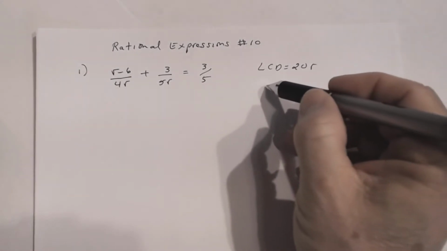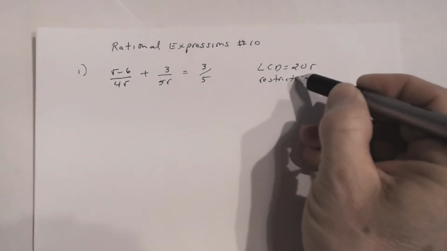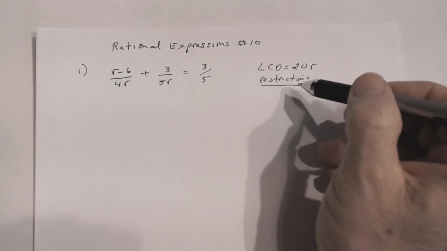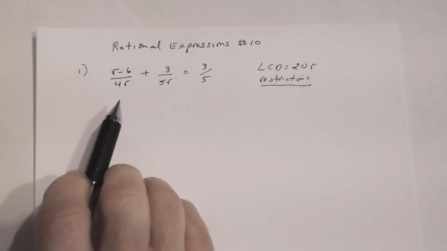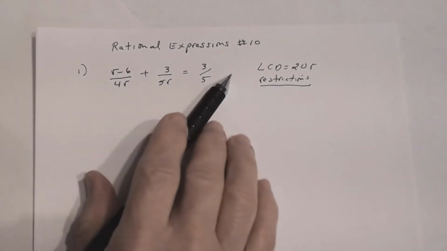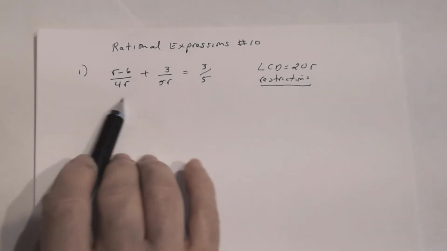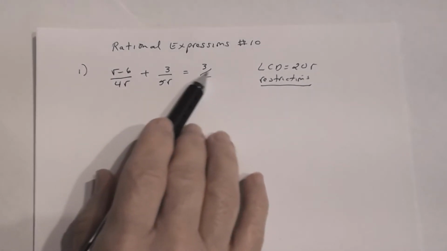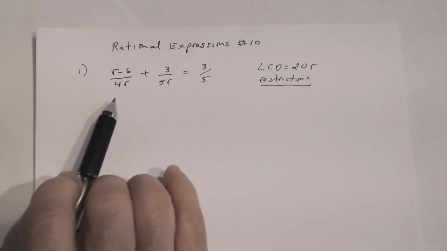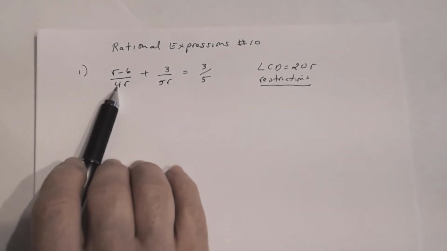Okay, now you have to find the restrictions. That's going to be important in some cases. You have to determine for which values of the variable this rational equation is undefined. And basically all you do is look at your denominators and determine what makes each denominator 0, because remember, a rational expression is undefined when the denominator is 0.